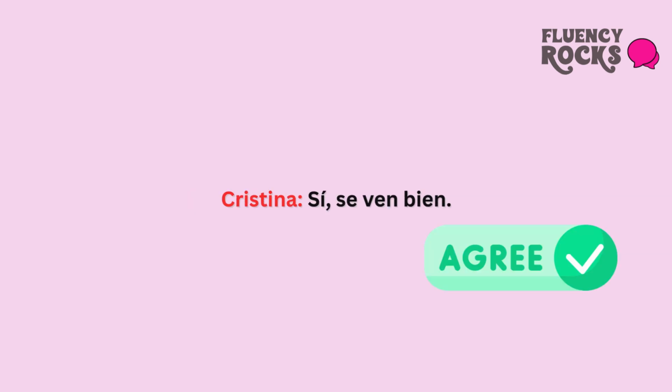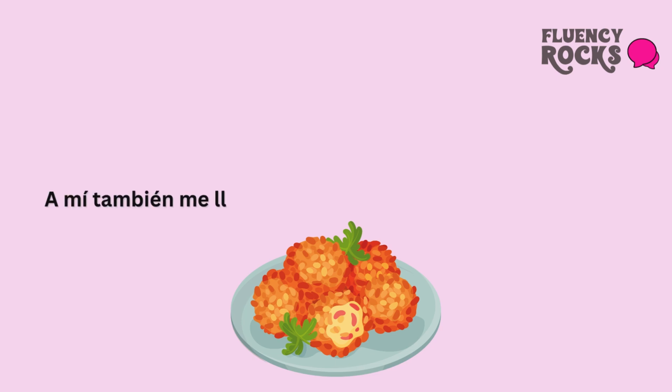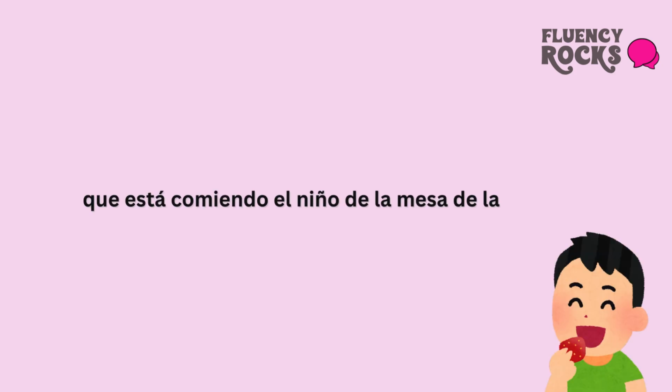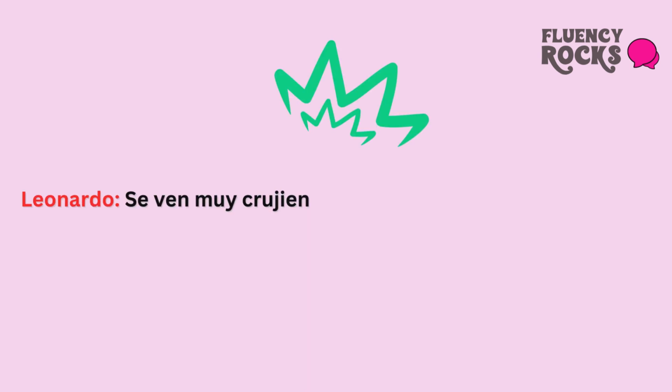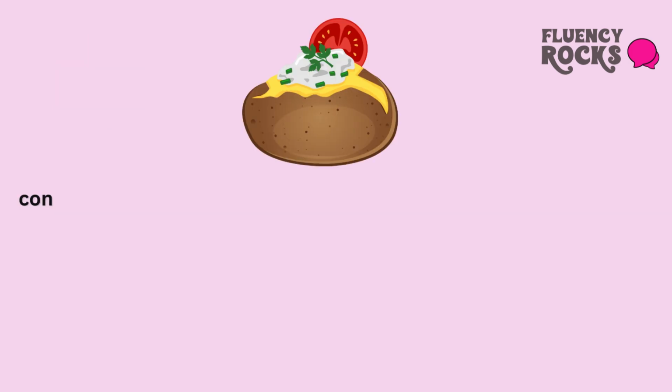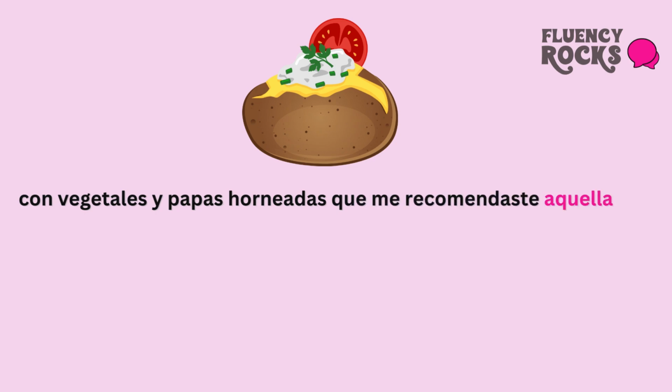Sí, se ven bien. A mí también me llaman la atención esas croquetas de papa que está comiendo el niño de la mesa de la derecha. Se ven muy crujientes. Yo las probaré en otra ocasión. Pero sabes, hoy voy a pedir ese plato de champiñones asados con vegetales y papas horneadas que me recomendaste aquella vez.